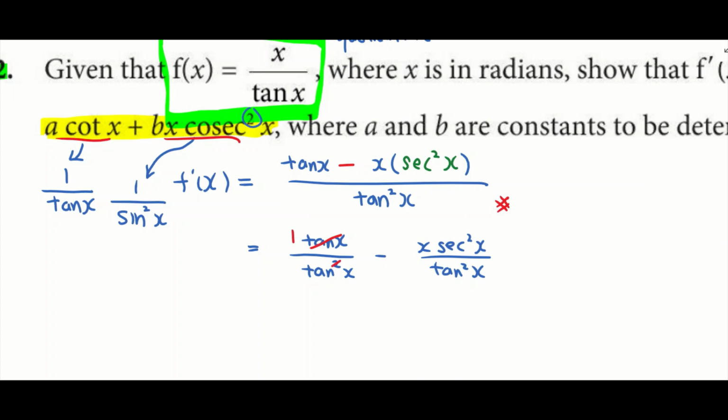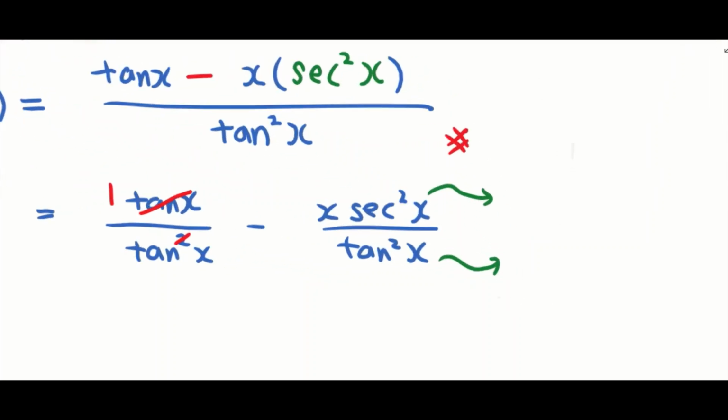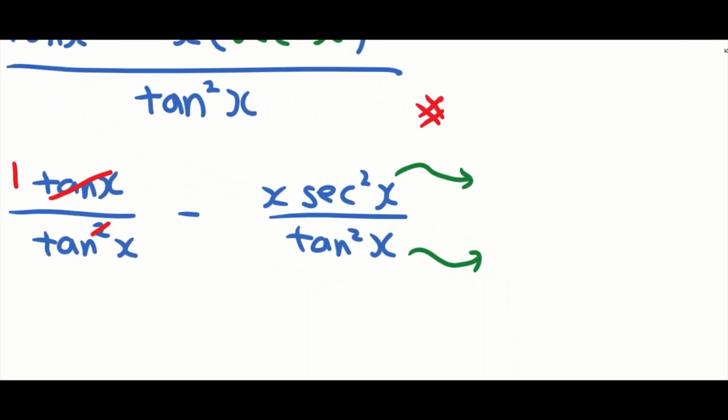That's how I get my 1 over tangent x. But this one, there's no common factor, so I must change it up. Secant x, right? And tangent x. I know tangent x is sine over cosine. Of course, I need to put the square.